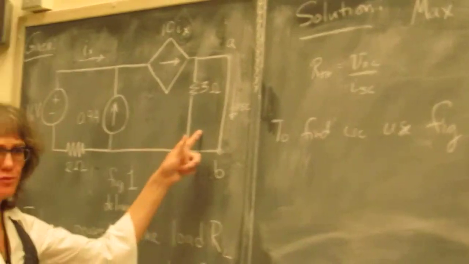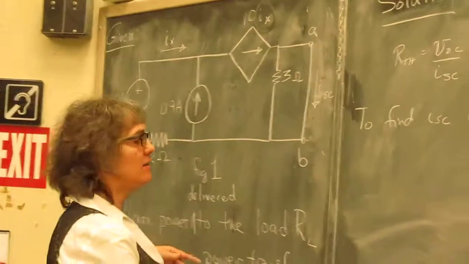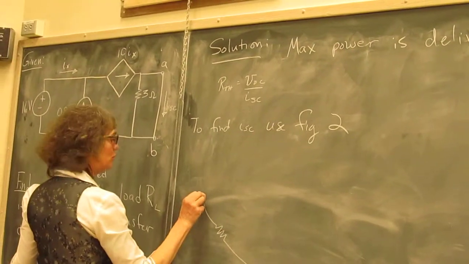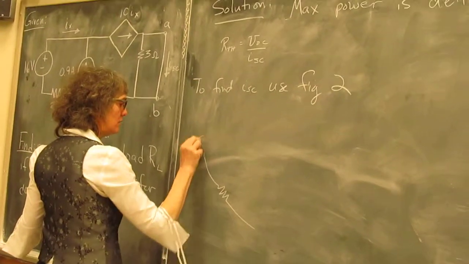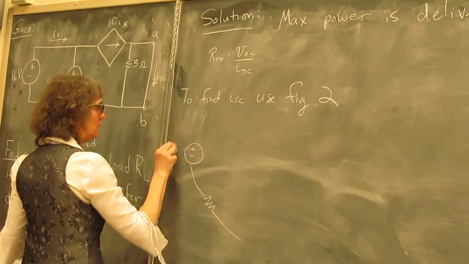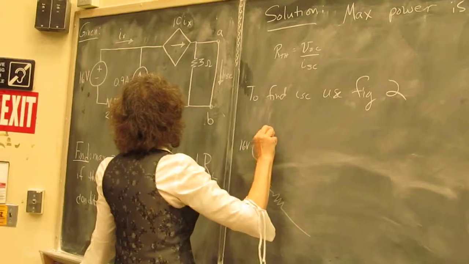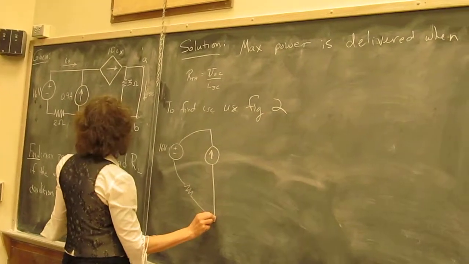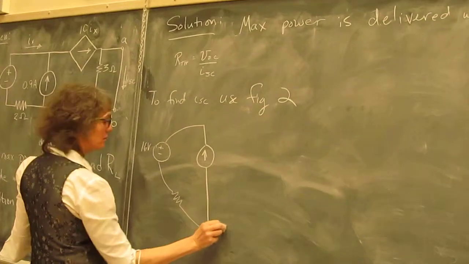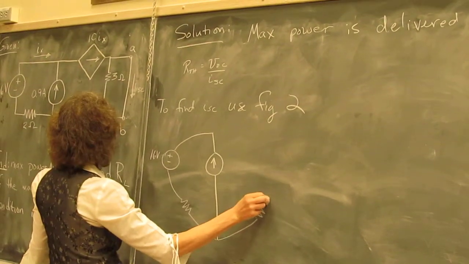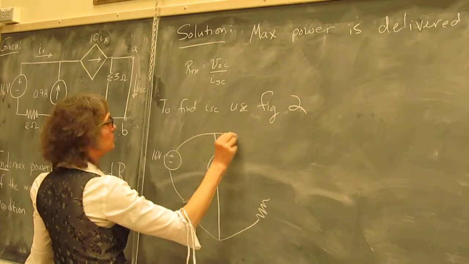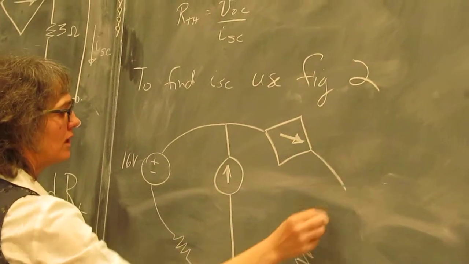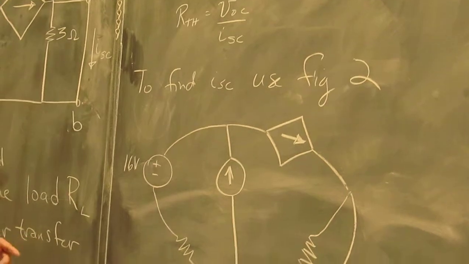And I think I'll redraw figure 2 in that same way, getting rid of the corners. Okay, so something's happening here. So we've got this, and then we've got this shorted out.